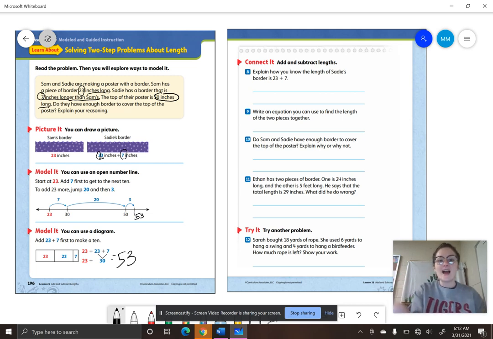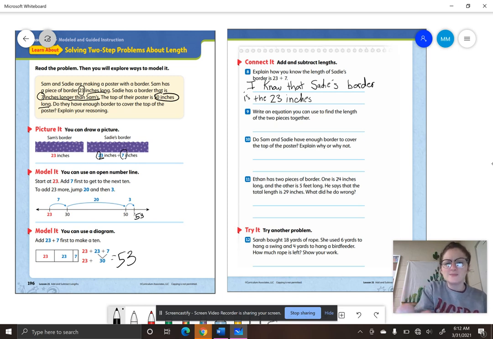So we can say, I know that Sadie's border is the same as 23 inches.